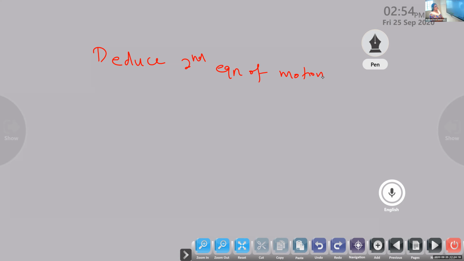Here also, from where do you start? Draw the graph, then write that displacement is equal to area under the VT graph, half ABC, all those steps, after giving the introductory part with S, U, T. You should write these steps for the second equation of motion.